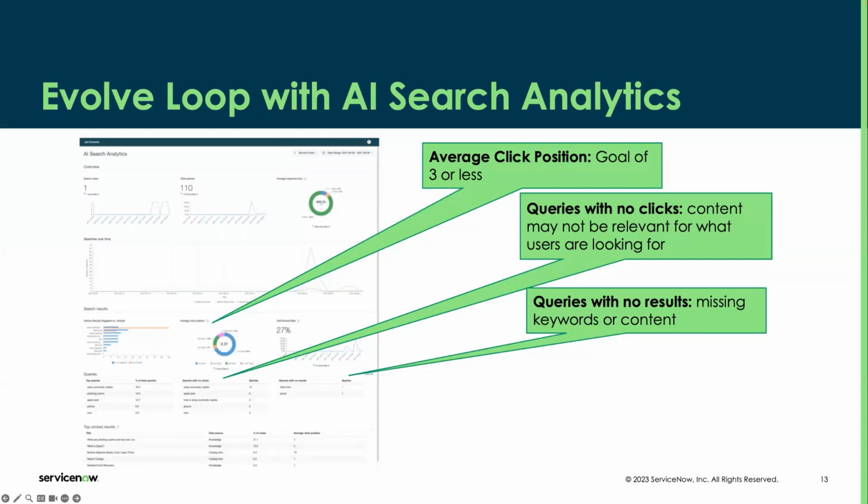And then on top of that, we have queries with no results, which could indicate a missing keyword. The end users could be asking questions in a way that the system is not expecting, and so we may need to do some tuning there. Or we're just missing an article. So it's an interesting content hole, perhaps a content gap.